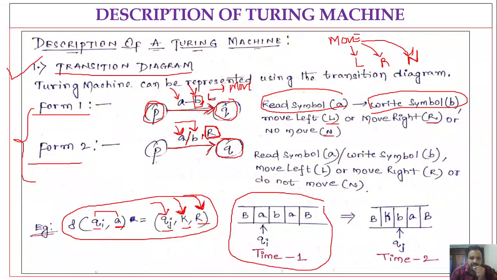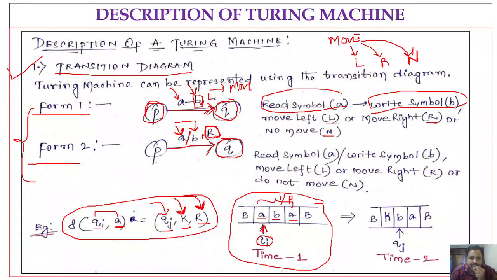So we have an infinite tape consisting of small a followed by small b followed by small a. So these a, b, a are the input portion, and capital B are blanks in the remaining empty cells. And here, see qi: the current state is qi, and the tape head is pointing to the input symbol small a.